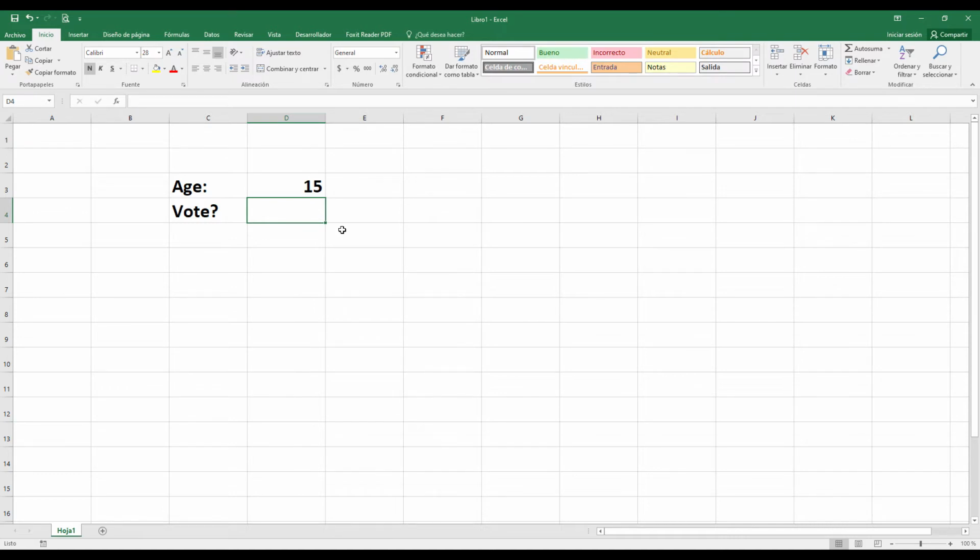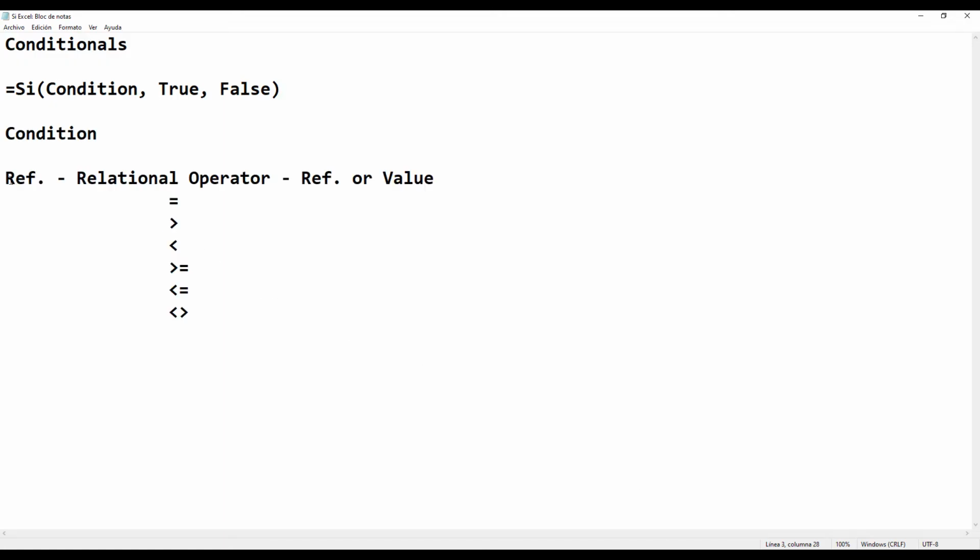Now we will type the structure equal, remember, because it's a formula. C in Spanish, if your Excel is in English, is if, parenthesis, the prueba lógica in Spanish, the condition, what is the structure, reference, relational operator, another reference, or a value.